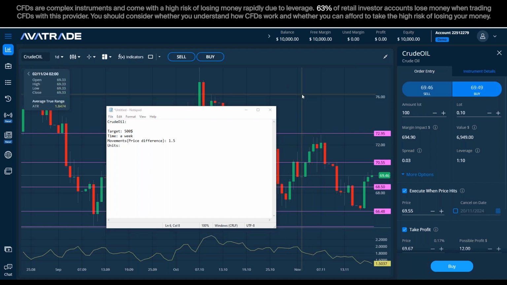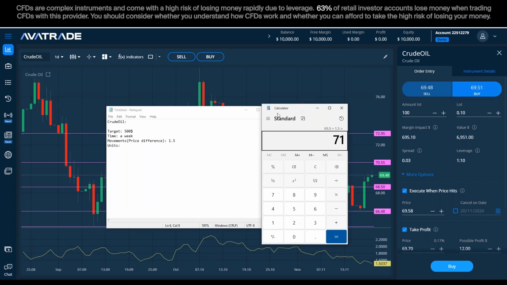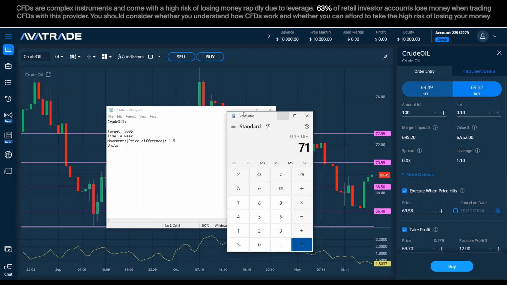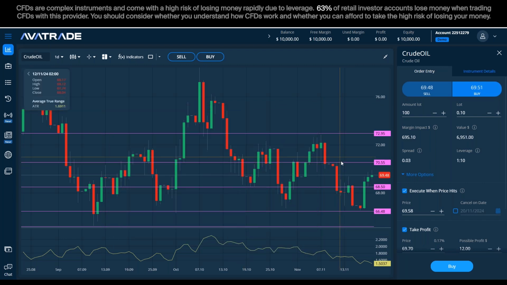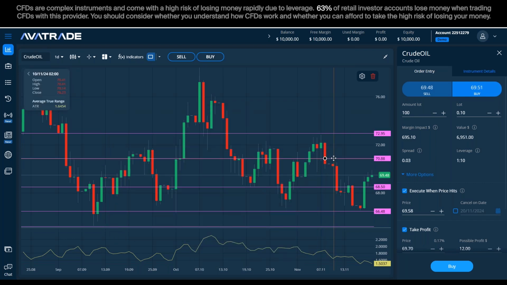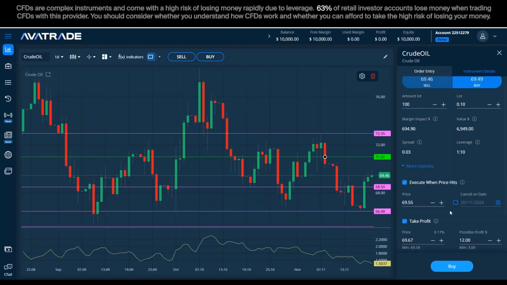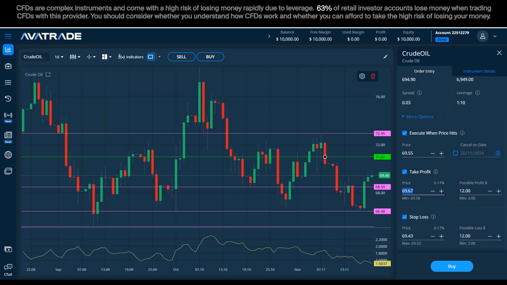That means that let's take 69.5. On top of that, the ATR brings us to 71. So on average, I can expect oil to get to somewhere around that price. Of course, it's not a guaranteed number, but it's definitely giving me a direction. It's painted in green. And I'll also set the take profit to 71.